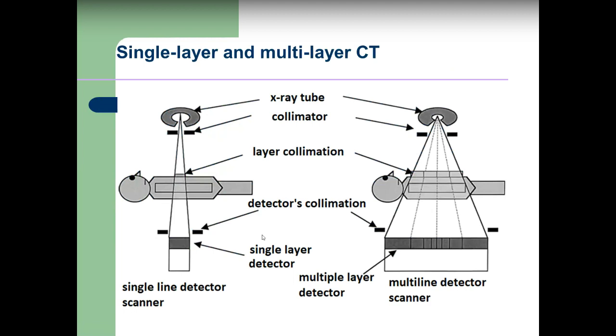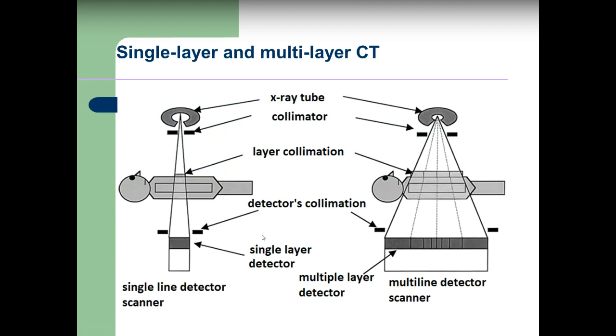So, multi-detector helical CT is a major technical advance in CT imaging, utilizing the principles of helical scanning but incorporating multiple rows of detector rings. This technique allows acquisition of multiple slices per tube rotation, increasing the area of the patient that can be covered in a given time by the X-ray beam.